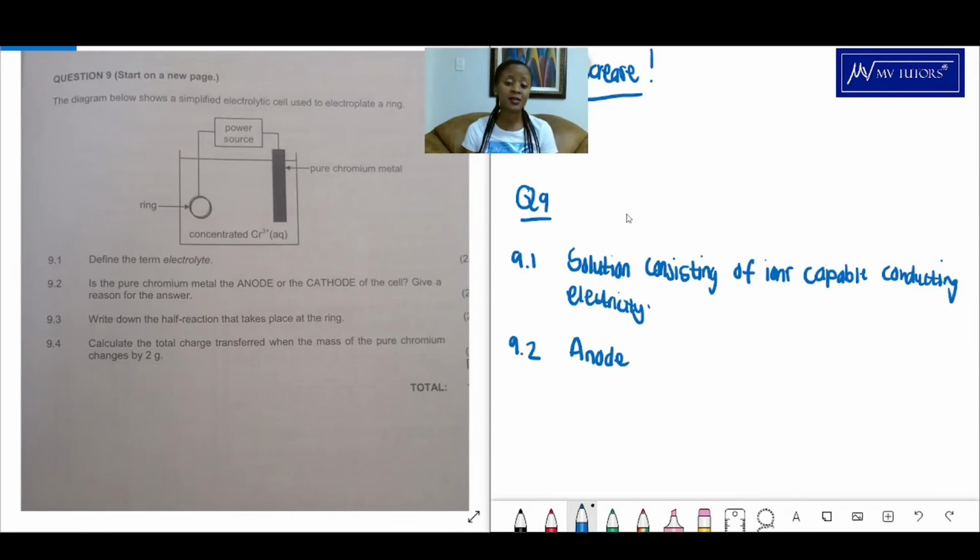That's the reducing agent. Give a reason for your answer. At the anode, because that is where oxidation occurs, where you're losing electrons and the mass will reduce. So that's what I would say.